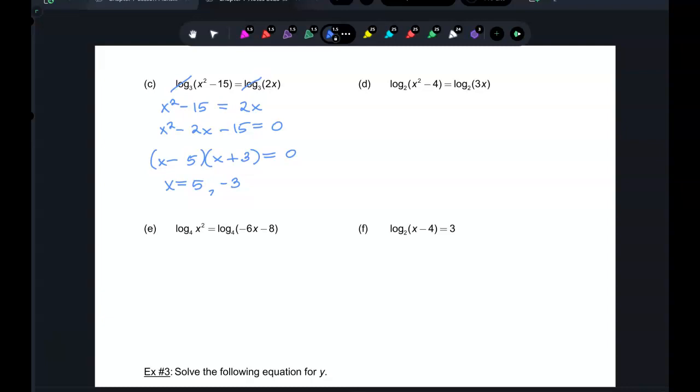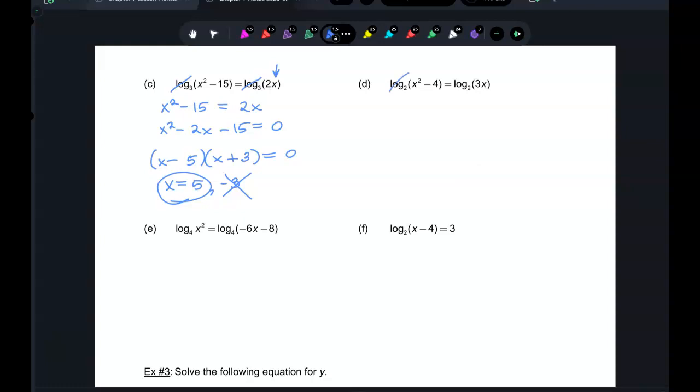If we plug 5 back in, do we get them equal and both positive? Yep, it works. Negative 3 doesn't. If I plug in negative 3, I'll see right away that it doesn't work.